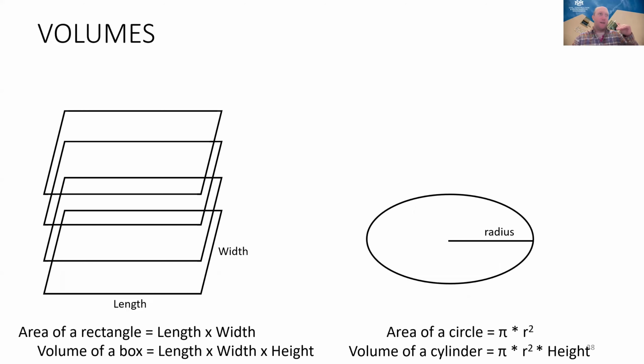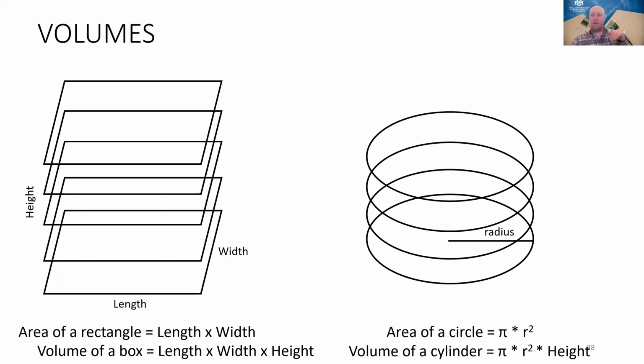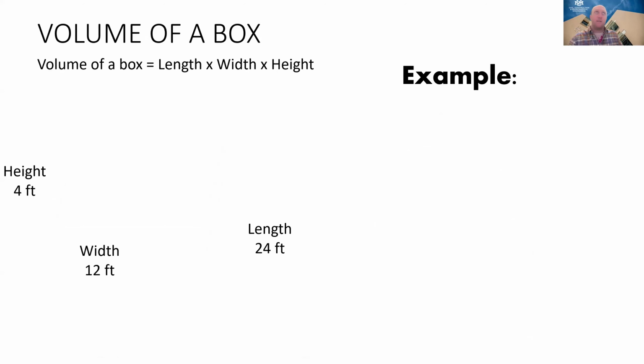So you can think of these as maybe 1 foot, 2 feet, 3 feet going up. And then the same thing for the circle. We're just adding stacks of circles on top of each other. Maybe think of this as 1 foot, 2 foot, 3 foot, 4 foot, and that's going to be our height. And so then when we have these formulas, it's just length times width times height, and then pi times the radius squared times the height.